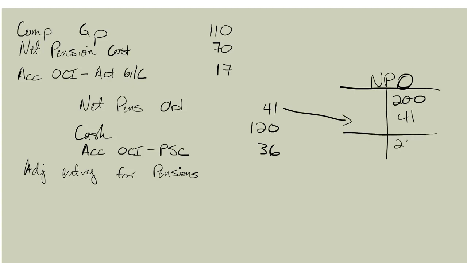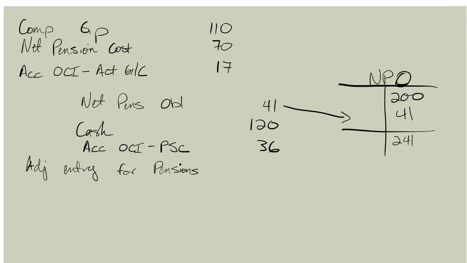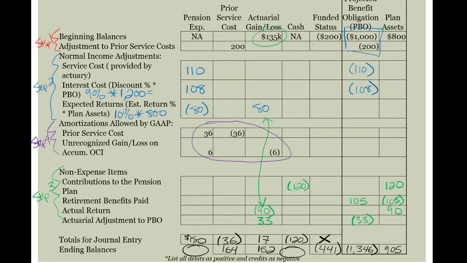So I show a balance right now of 241 in my net pension obligation account. If we go back and check, we'll see, shoot, that doesn't balance. What have I done wrong? I made sure everything came from that journal entry and the 180 was right. I mean, I split it into the 110 and the 70, but it should still be the right number. 36, $200 off. Oh, wait a minute.